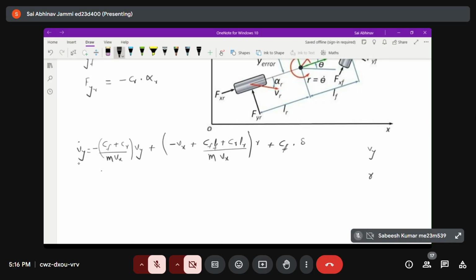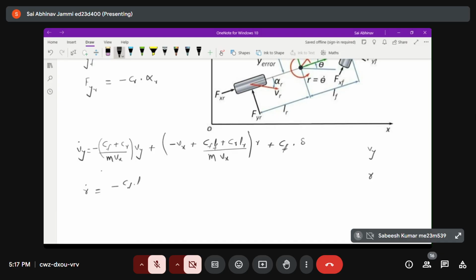So if I now choose Vy comfortably as one of the states, it appears in the form x dot equals A into x plus B into the input term du. Now, this is for the lateral translation. Similarly for the yaw motion, that is the rotation about the z axis, if I do the same exercise, I can get the yaw rate in this form.